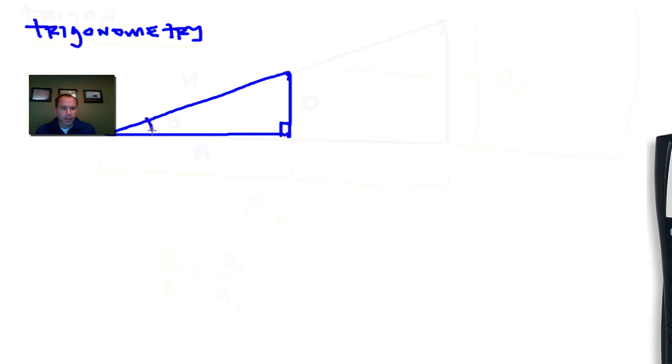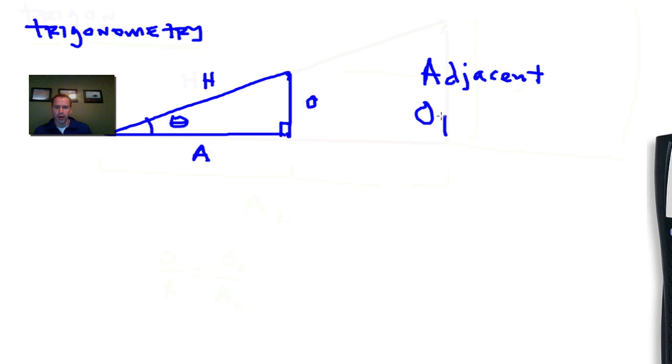And our angle theta was there. A, O, and H. Okay, now the reason we picked A, O, and H is because A stands for adjacent, which means next to. So A is the side that's next to the angle. O stands for opposite.